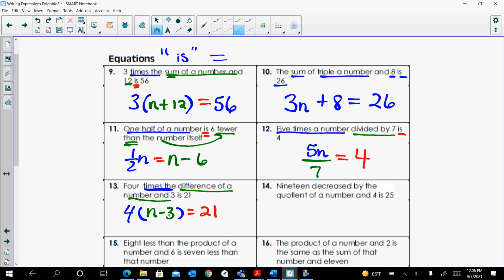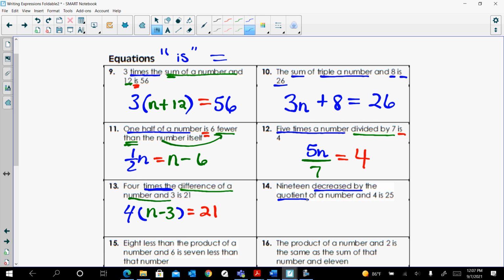All right, on 14, it says 19 decreased by the quotient of a number and 4 is 25. So what keywords do we have here? We got decreased by. What other keyword?